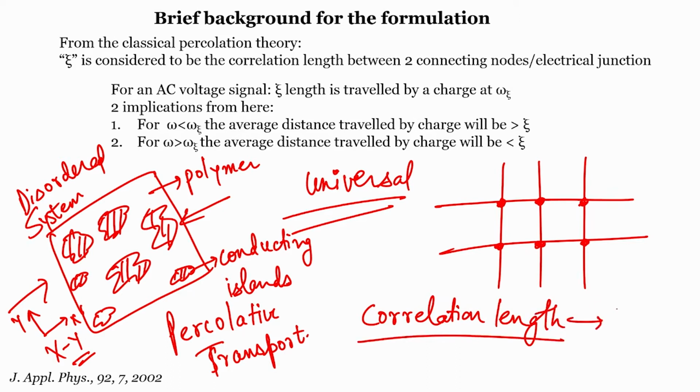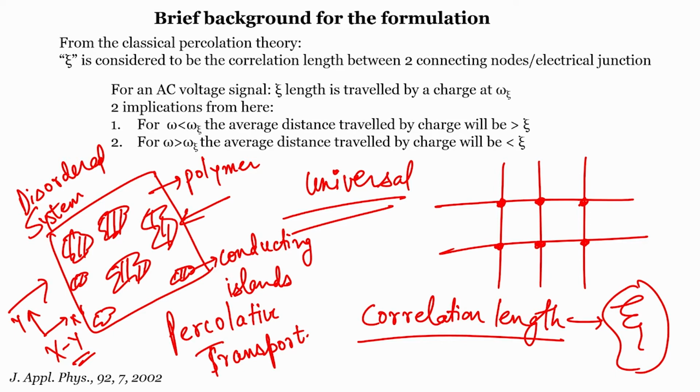A standard notation which is generally used for correlation length is psi. So correlation length is considered to be a kind of fundamental unit for any kind of percolative network. What does it tell us? It tells us how closely are conducting islands spaced.